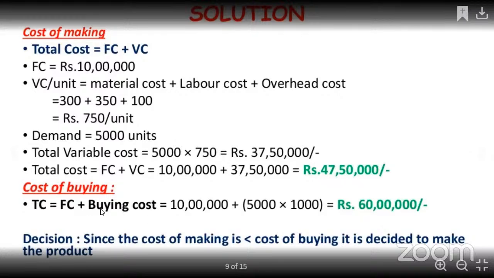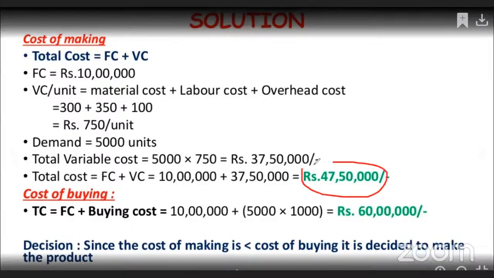Now the buying cost: if you buy the product, 5,000 units into 1,000 rupees is 50 lakhs. So the making cost is this much and the buying cost is this much. So what is our suggestion to the company?